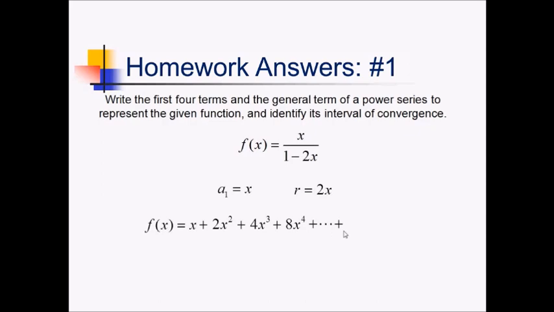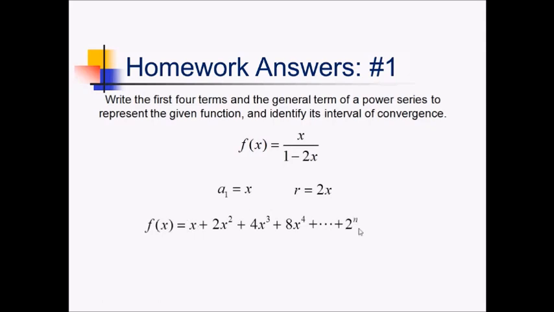Now it's time for the general term. So let's figure out something that represents the rest of this. I know that I'm multiplying by 2 most of the time, so I'm going to have a 2 in here, and I'm going to have a 2 to a certain power. I don't have a 2 in the first term, so that means I want 2 to the 0 power for my first n value, if I'm using 0 as my starting n value.